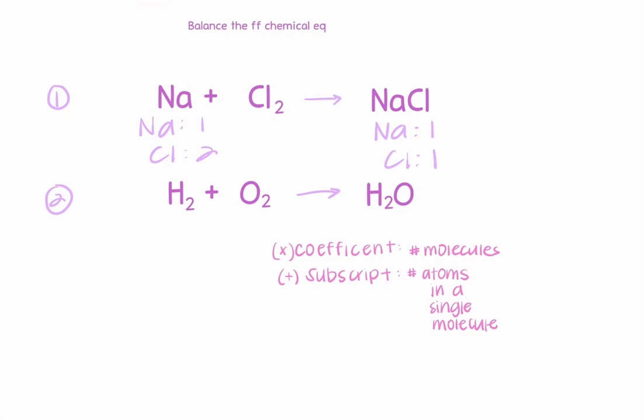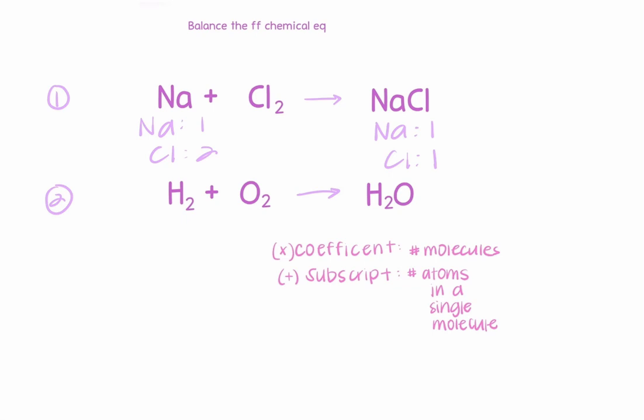So what we're going to do, remember also that coefficients are always the numbers that have to do with multiplication, which is why I wrote here x and then plus for subscripts. When we have a number that's in front of an element, we always multiply it to the next, doing a distributive property. So we have here Cl, and we want to make sure that it's equivalent to the one on the left side.